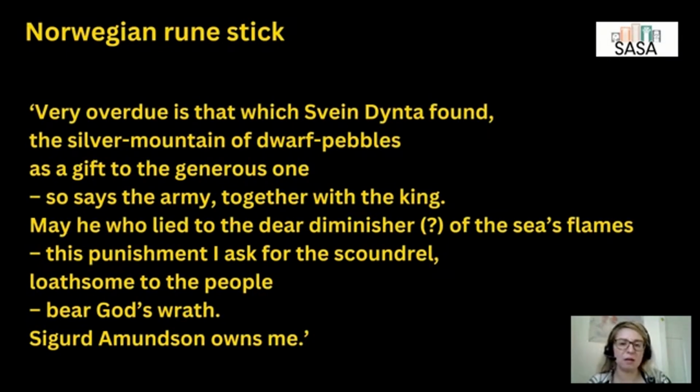At any rate, if you compare such curses that we find in runic inscriptions with the better known Greco-Roman curses, the defixiones or the katadesmos, there are some essential differences, because the Greek and Roman ones, they were these curse tablets, usually rolled and folded, and usually pierced with nails, so binding spells, and the tablets were placed in the graves or thrown in wells or in some kind of underground sanctuary, or even nailed to a wall.